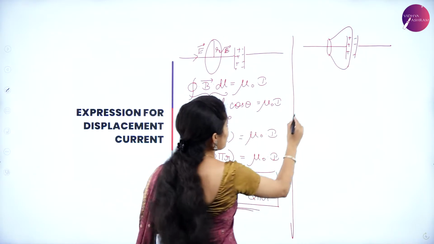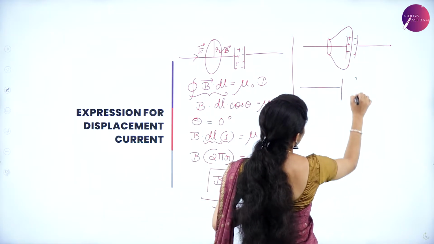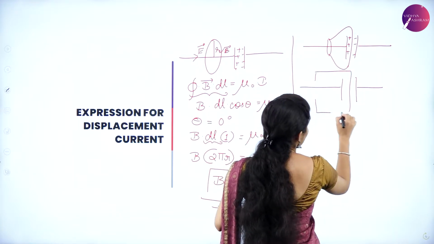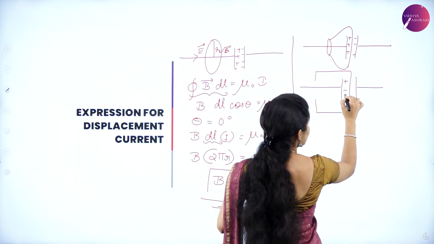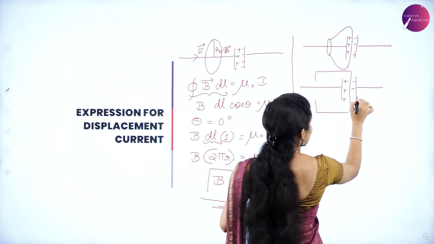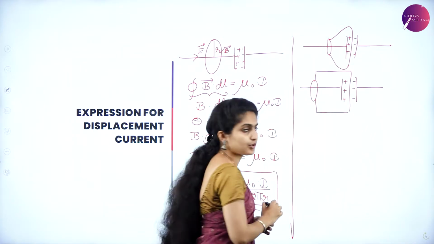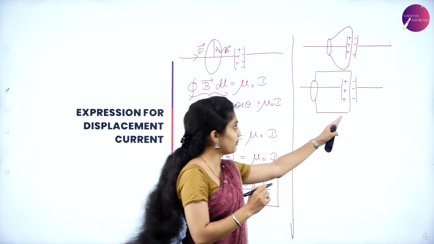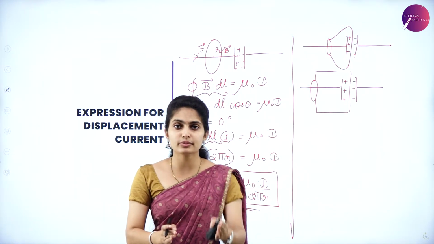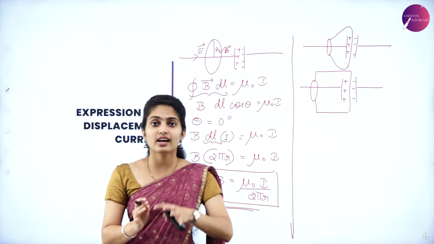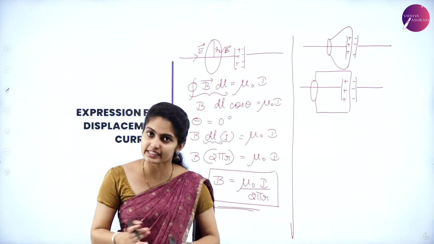A similar thing is applied to a structure that is a tiffin box kind of shape, where the base lies between the two plates of the capacitor, and this is the head-like structure, that is the upper part. This is the bottom part. Again, the bottom lies between the two plates so that the current through it is said to be 0.